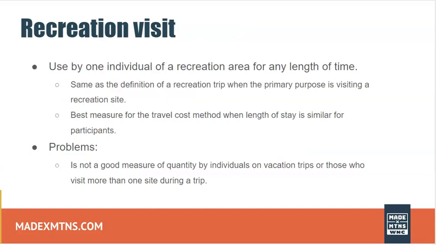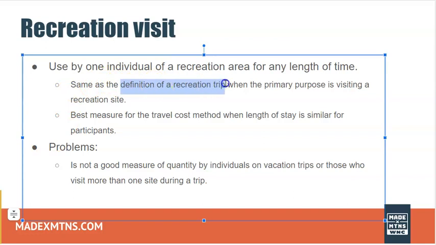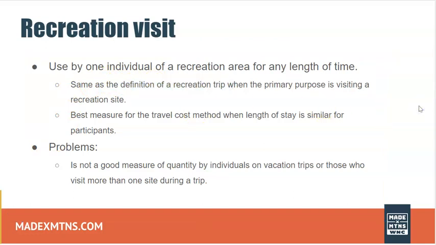A recreation visit is on-site use by one individual of a recreation area for any length of time. This is alternatively defined as a recreation trip, when the primary purpose is visiting the site.